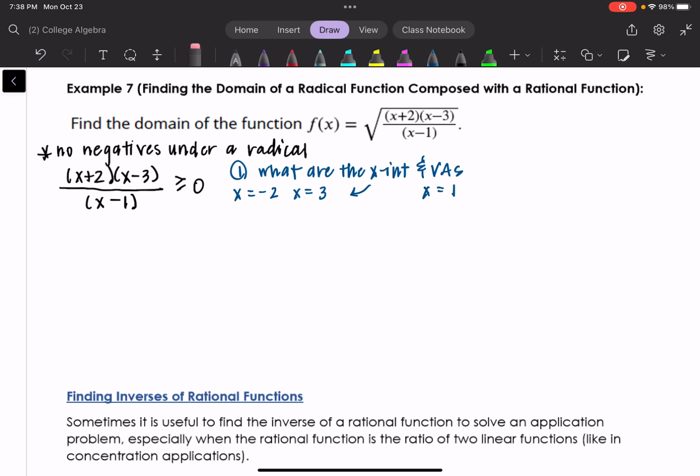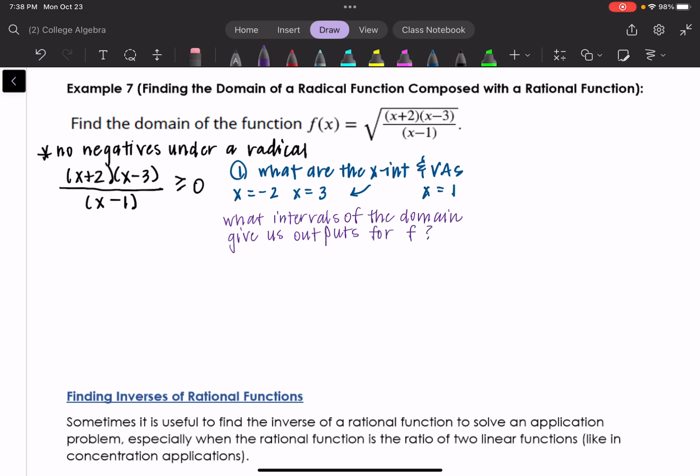And so these are the values of interest. The question we're looking to answer here is what intervals of the domain give us positive outputs for the function f.